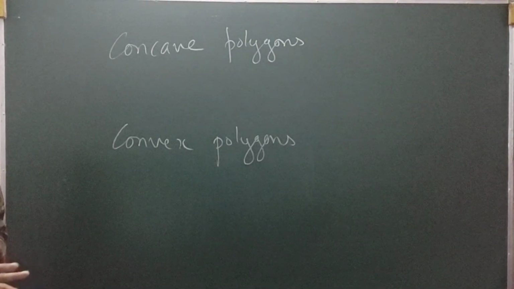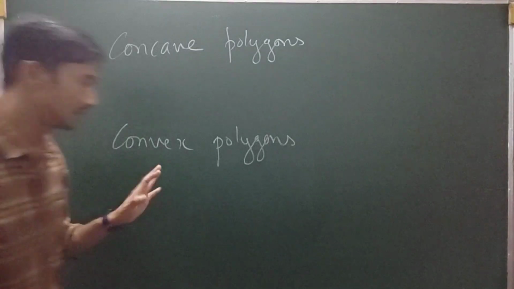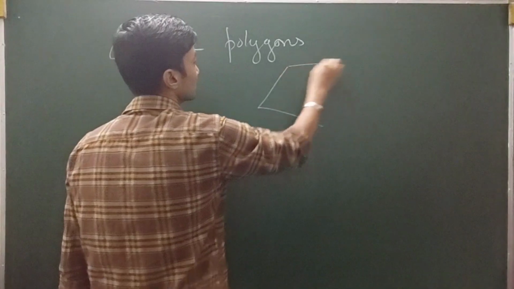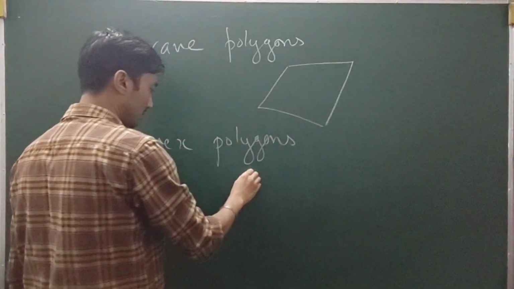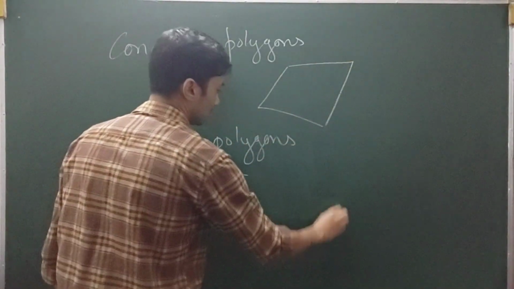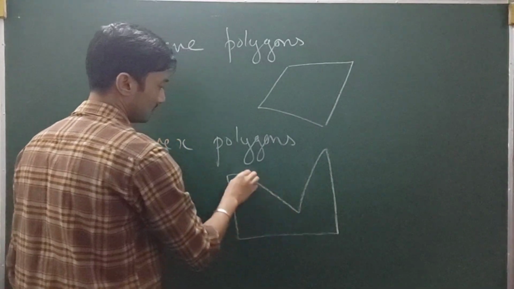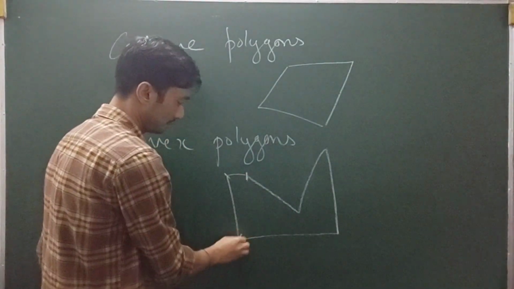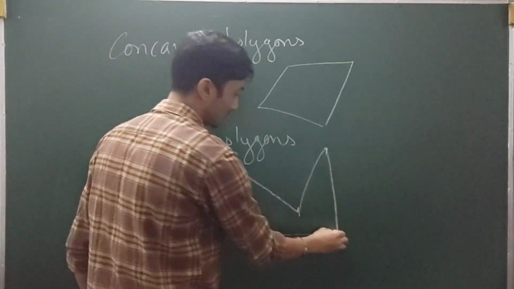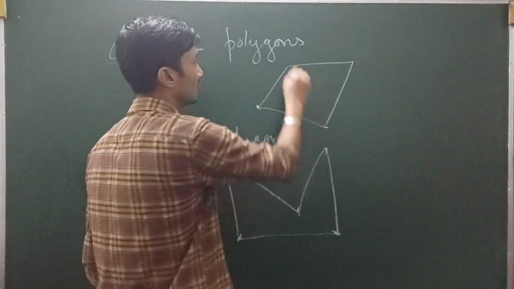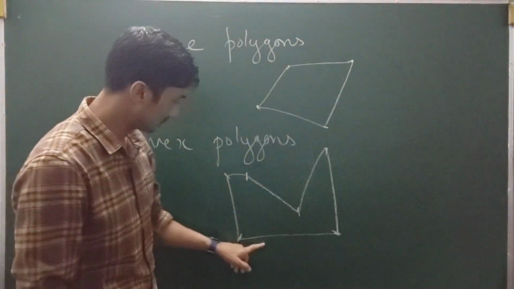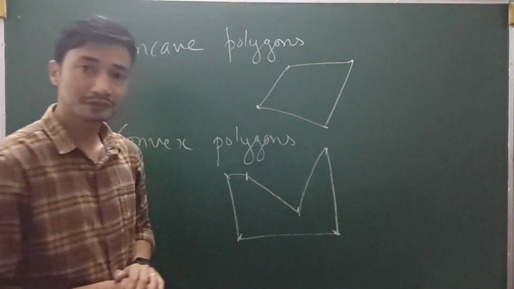You can read a definition in the textbook also, but see, suppose I draw any polygon, and this one also, this is also a polygon. I'm joining by line segments only. These are vertices. How many sides here? 1, 2, 3, 4. Here 1, 2, 3, 4, 5, 6.